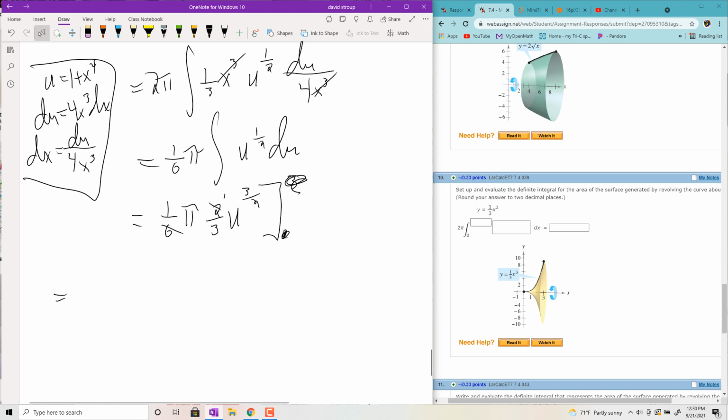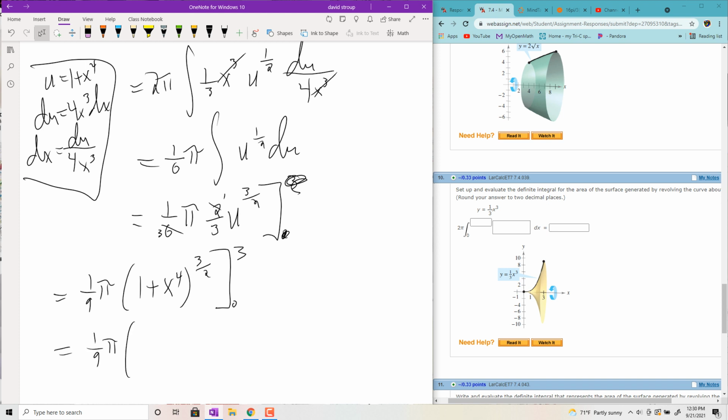So it'll be 1/9 pi times 1 plus x to the 4th to the 3/2, evaluated from 0 to 3. So that would be 1/9 pi times, 3 times 3 is 9, 81, so 82 to the 3/2 minus 1 to the 3/2, just 1.